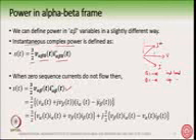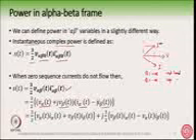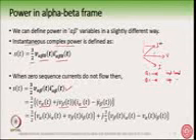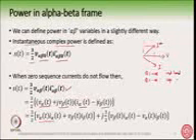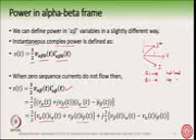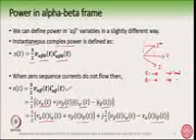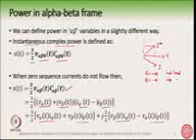Then we expand the alpha beta. V alpha beta T is V alpha plus J V beta, and I alpha beta star is I alpha minus J I beta. Then we multiply both of them. This gives V alpha I alpha plus V beta I beta plus J times 3 by 2 (V beta I alpha minus V alpha I beta).